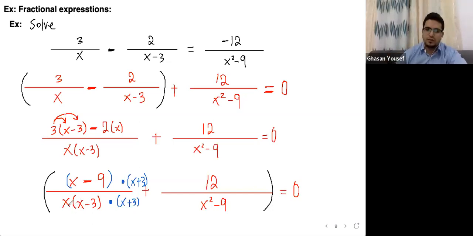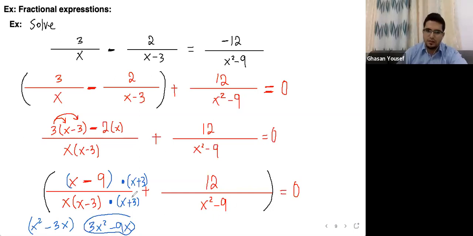No, this is not correct to multiply by x, because if I distribute the x inside the parentheses, I will get x squared minus 3x, and this is not the same as this one. This is not correct if I multiply by 3 either. If I multiply this by 3, I will get 3x squared minus 9x, and this is not the same as this.